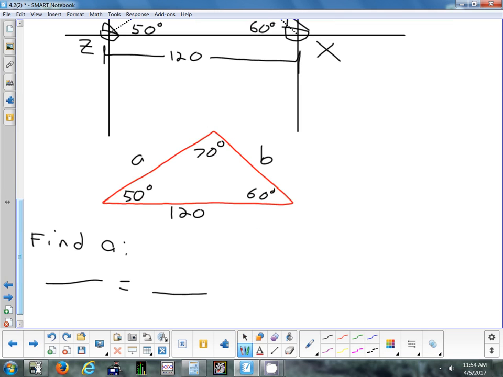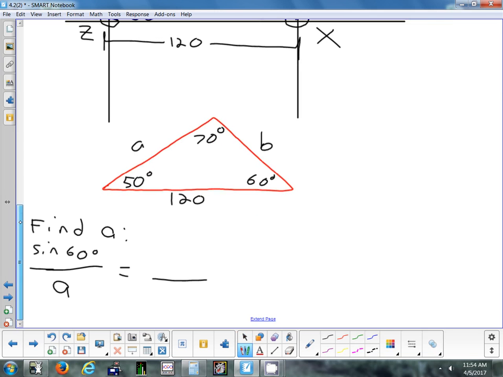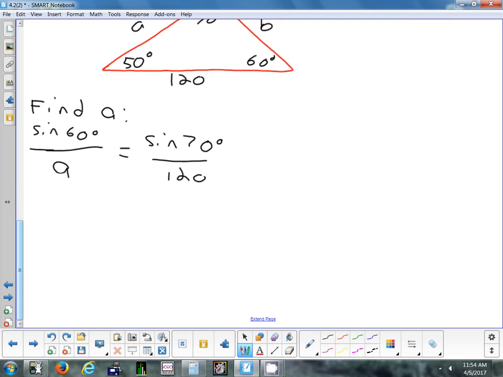Sine 60 over A. Yep, because we're finding A. And then what about on the right-hand side? Sine 70 over 120. We just type that in, and then we'll know the distance from the boat to A. So it's going to be 120 sine 60 divided by sine 70.